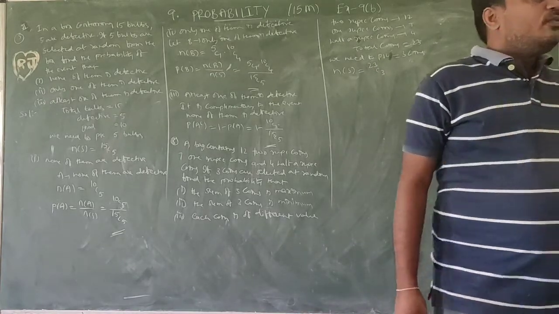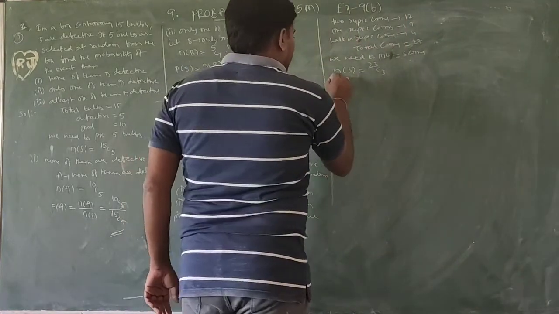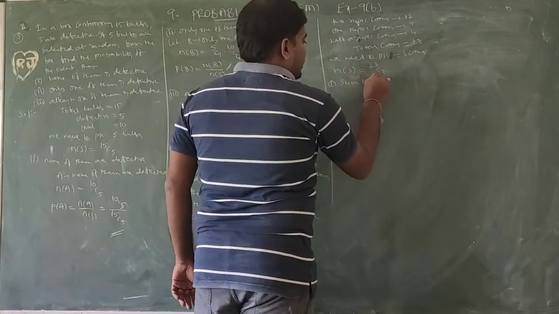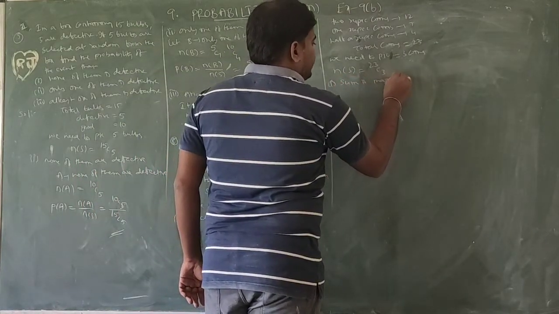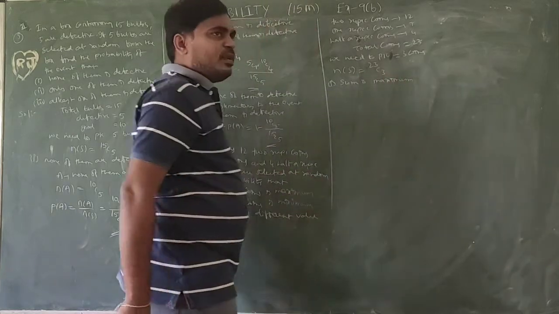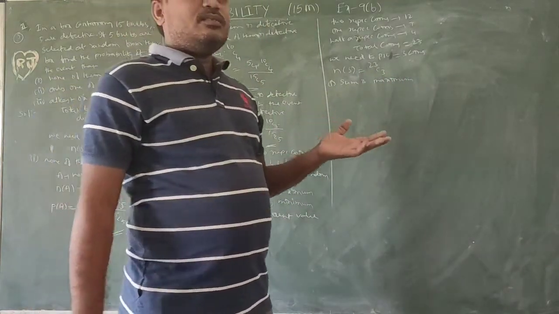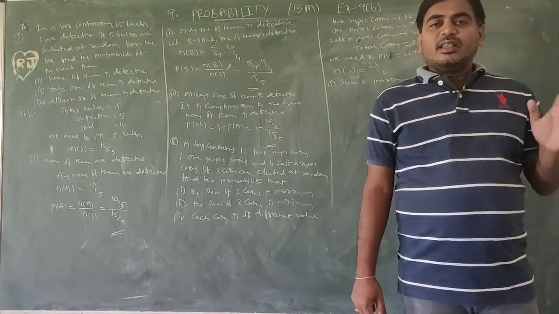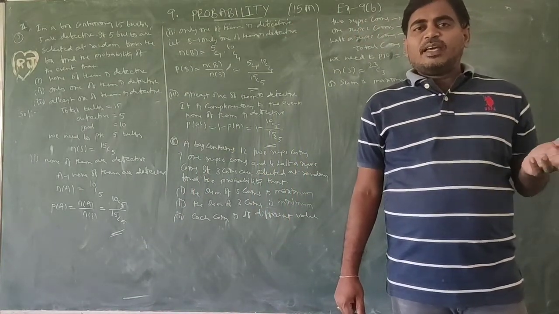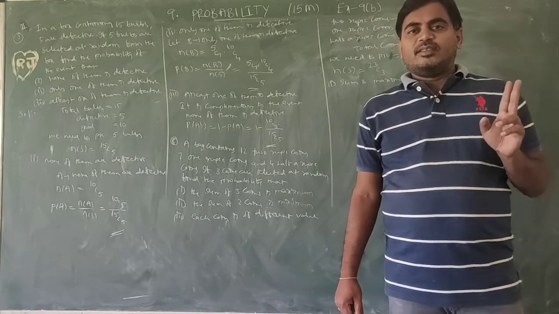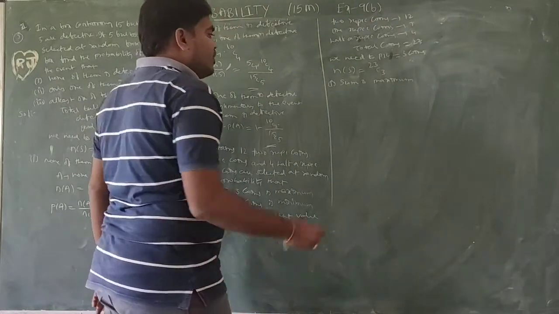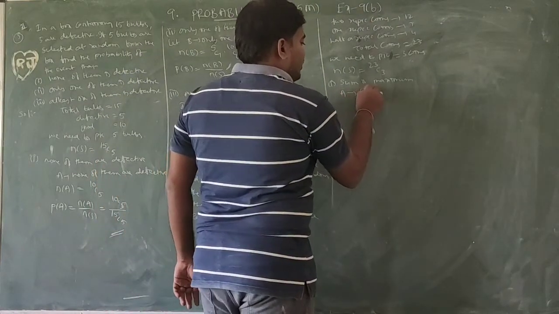Now first one is sum is maximum. When the sum is maximum, we need all maximum valued coins. What is the maximum value in coins? 2 rupee coins. So we need to pick all 2 rupee coins.